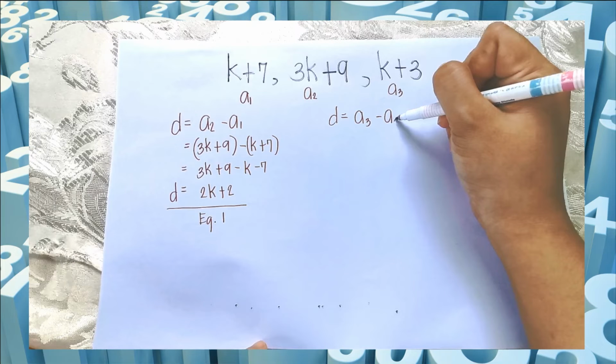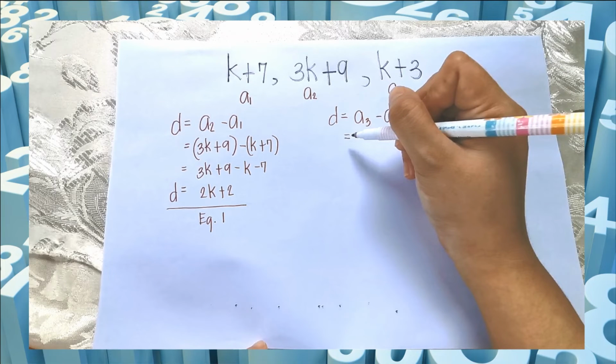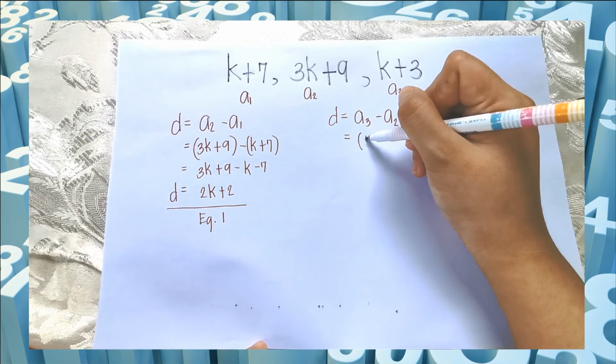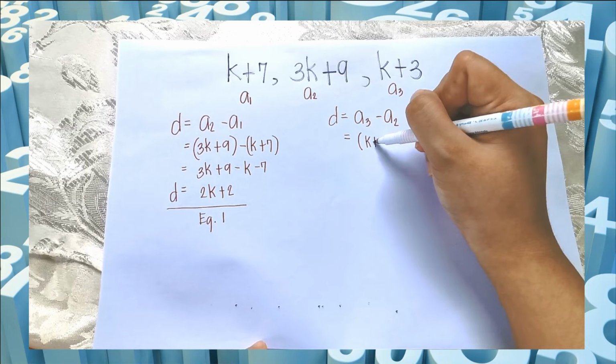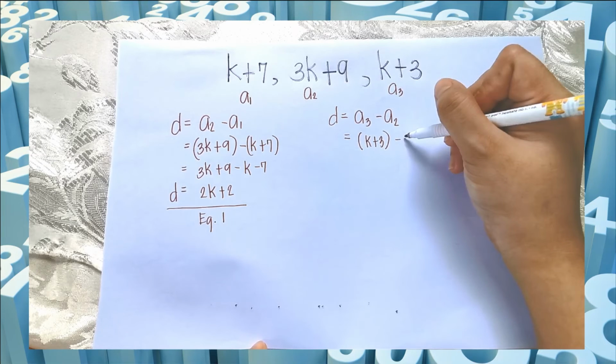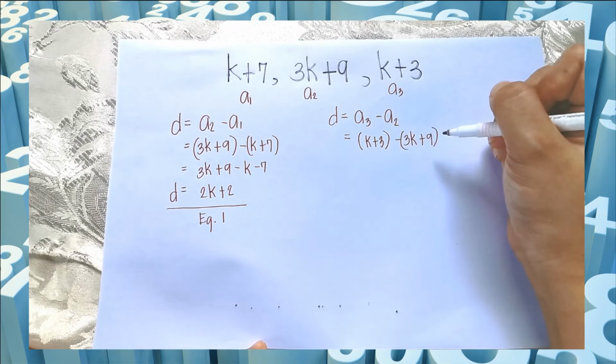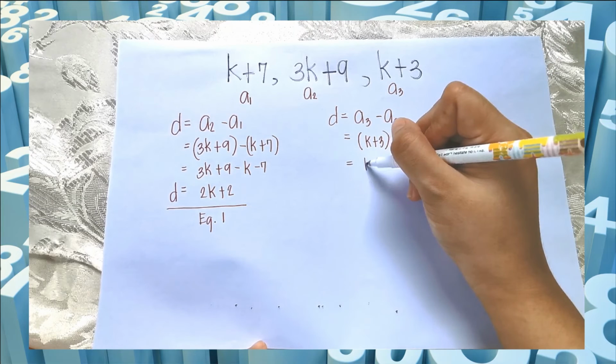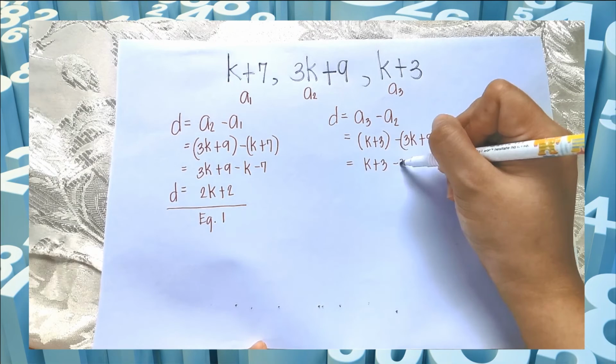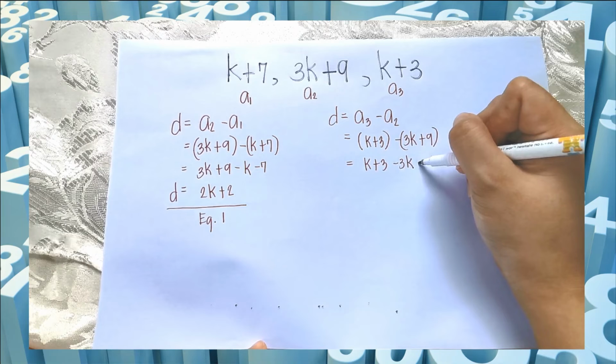Also, we can use the second and third term to determine the common difference. We have a sub 3 minus a sub 2 equals k plus 3 minus 3k plus 9. Simplifying it, we have k plus 3 minus 3k minus 9.